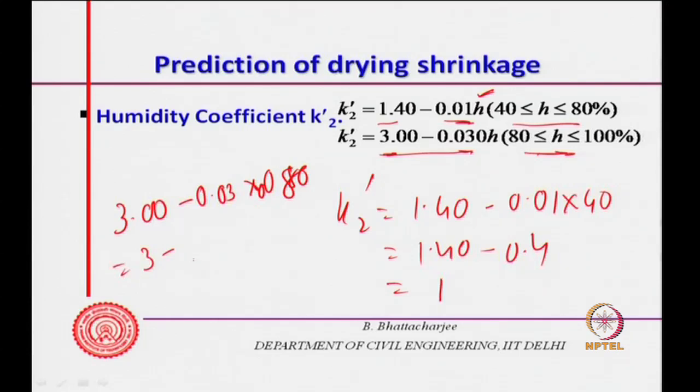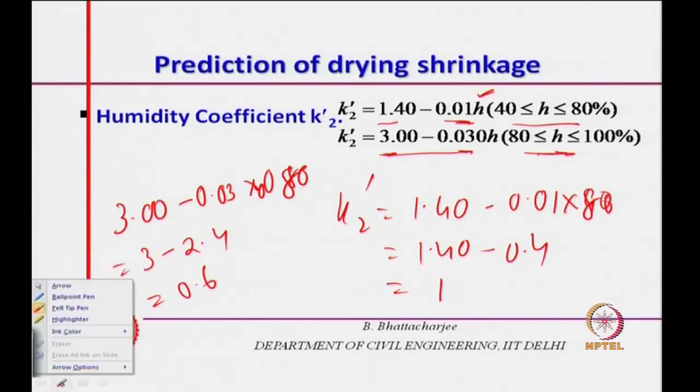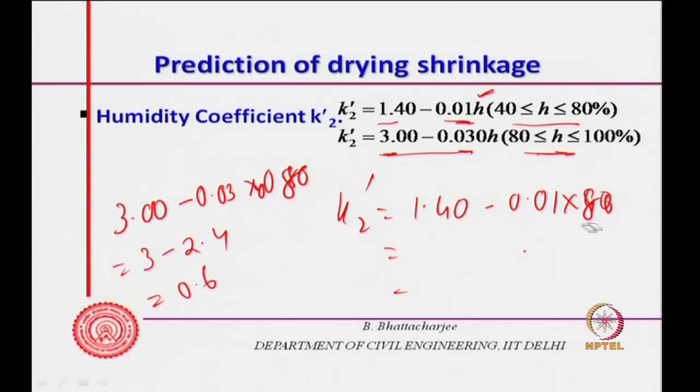So, this would be 2.4, which is 0.6, and if I put in this formula 1.40 into 80, this is 1.4 minus 0.8, which will be 0.6 again.